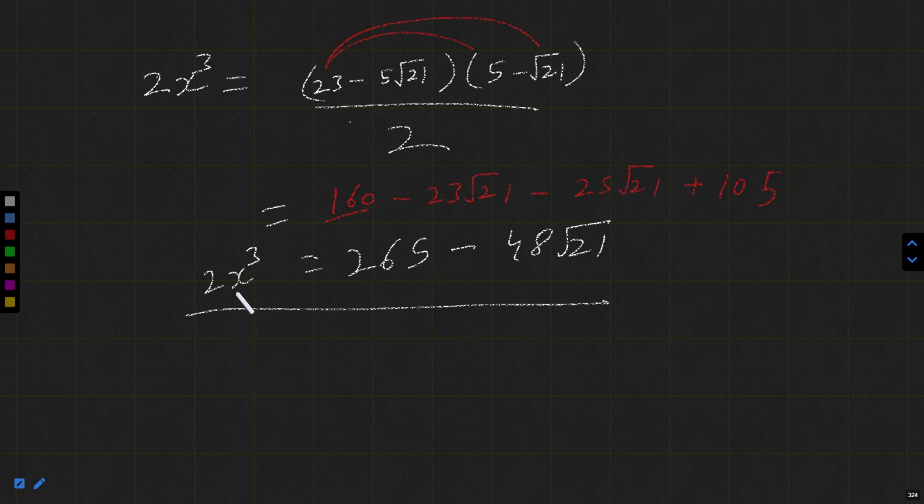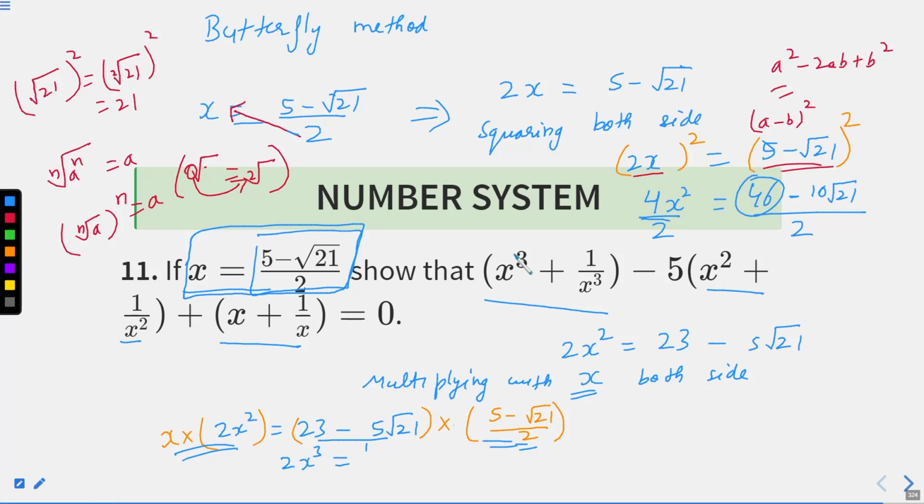Now I have this form. Now if you see, I have this x cube as well as these values. Yes or no? It is correct. Now if you see the x square, where is our x square?